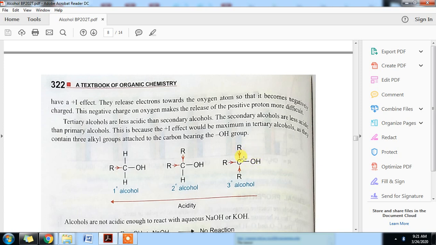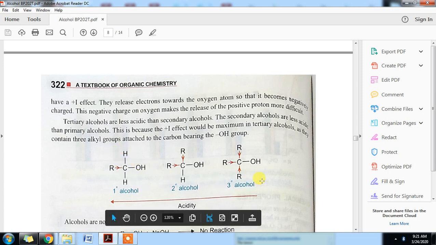See, O and H already have a huge difference in electronegativity. If you are providing electrons to the system, the OH polarity is going to decrease. You understand, no? As a result, it is not going to break the bond easily.